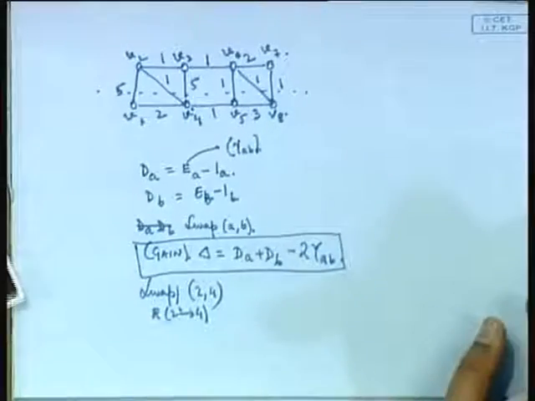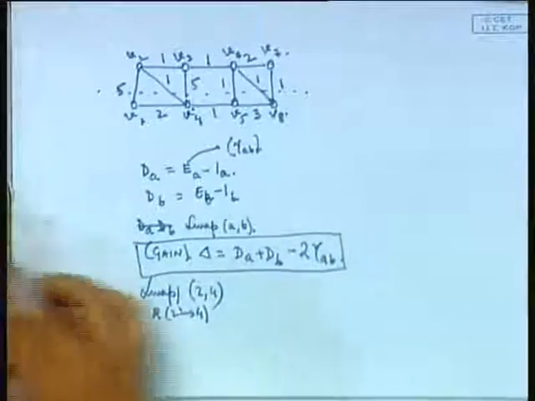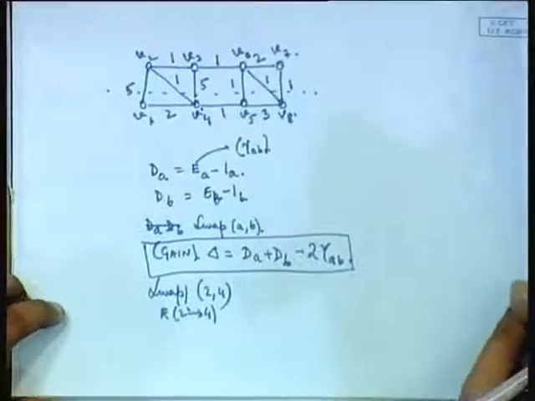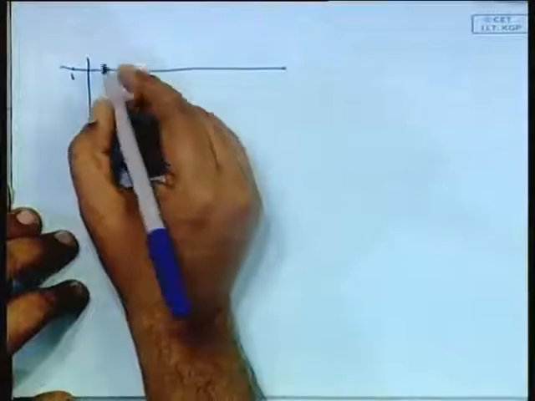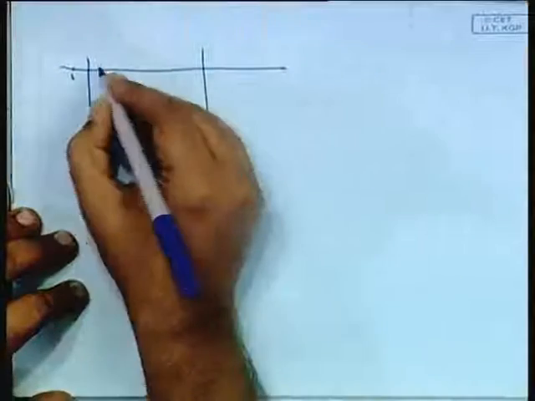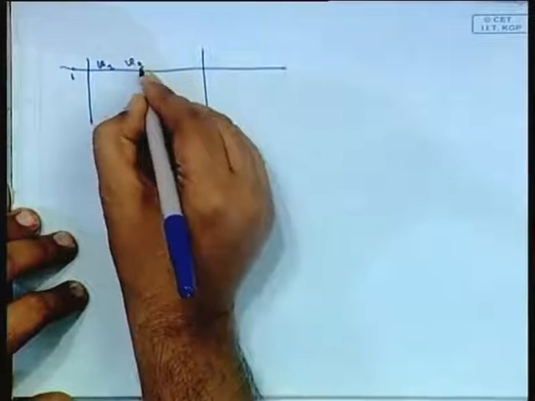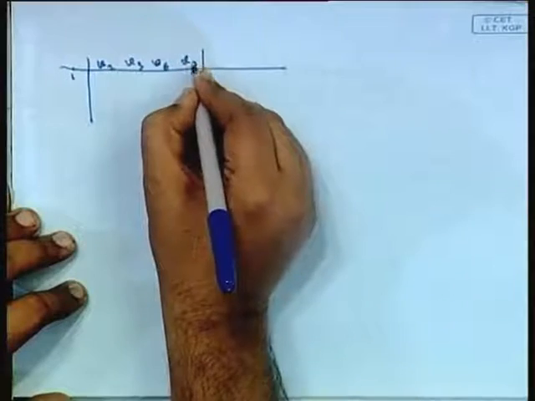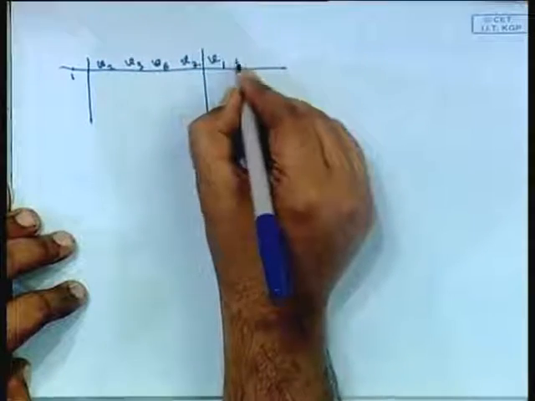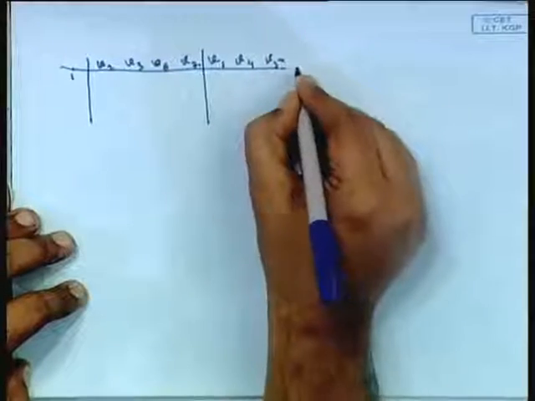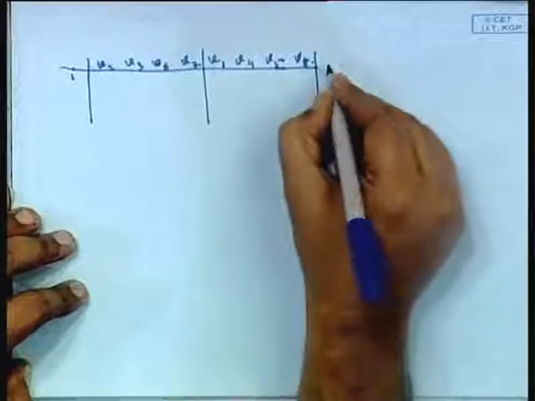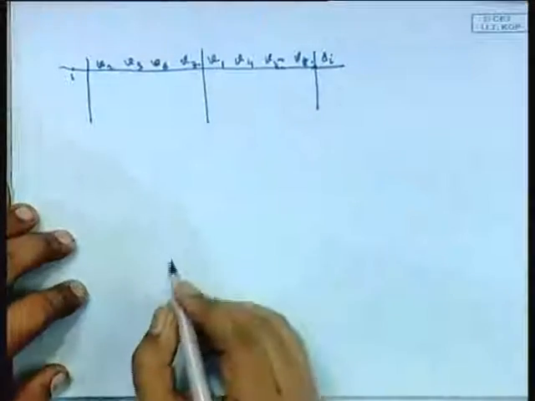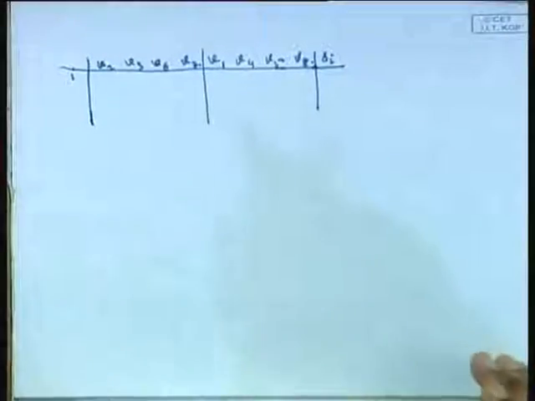Okay. So, take this example again, and then what you can do at first step: I take V2, V3, V6, V7, and V1, V4, V5 and V8, and delta I. I have taken this as my first cut.